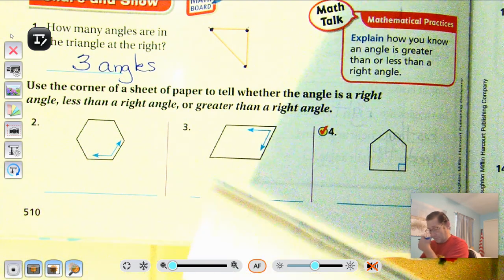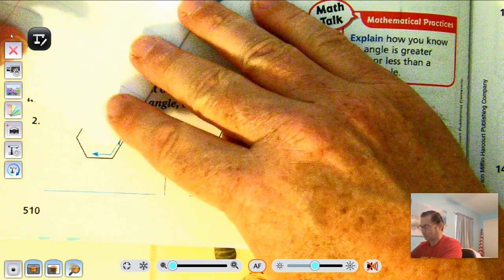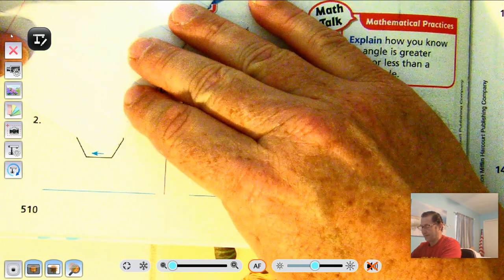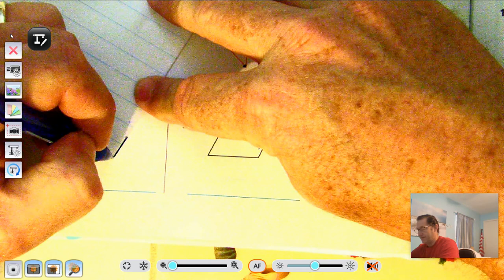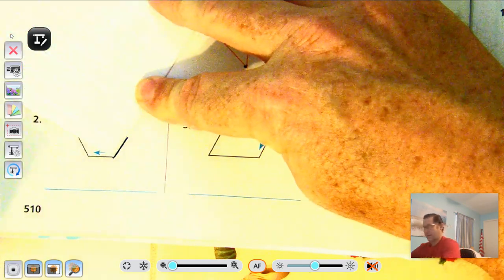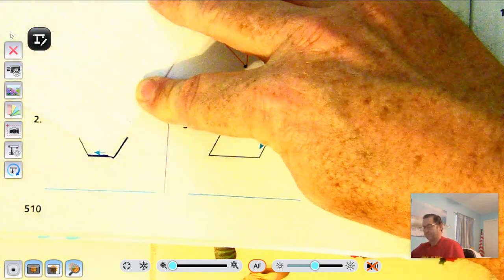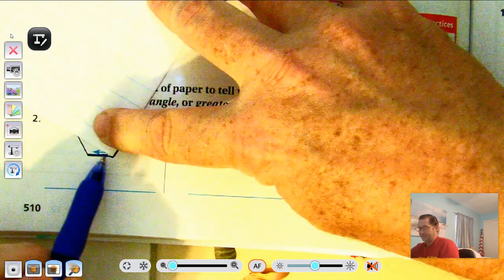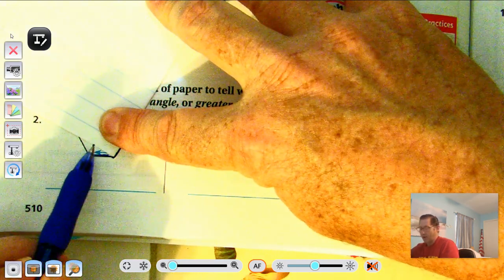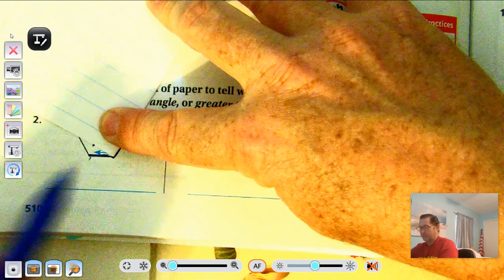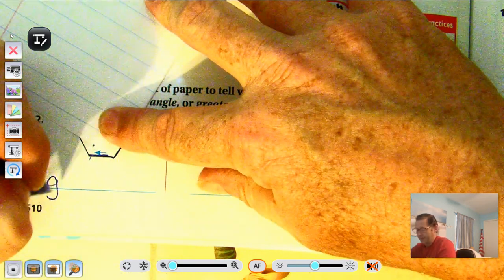So let's put our piece of paper in a corner. Okay. Line up the edge of it. I'm lining up this edge right here, right? And I'm looking at this angle. And you notice that this line segment is not lined up with my paper. It's off the paper. So this is greater than a right angle.